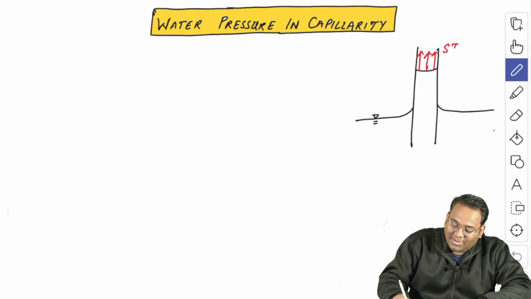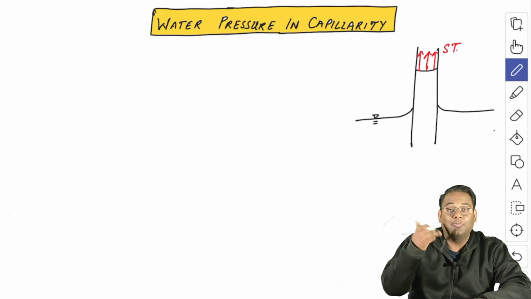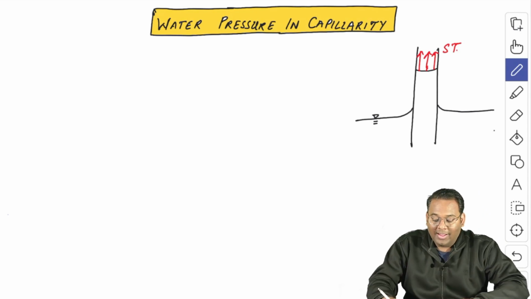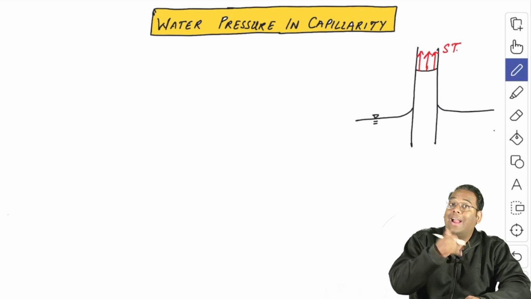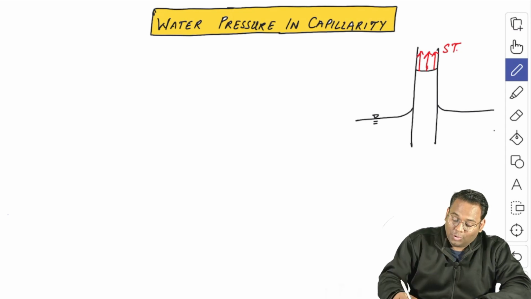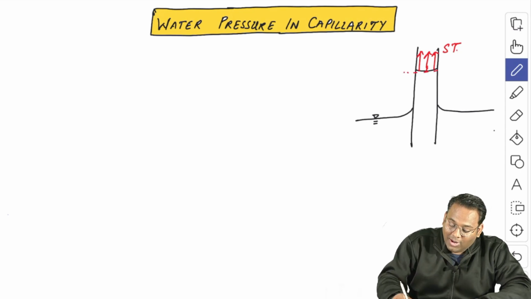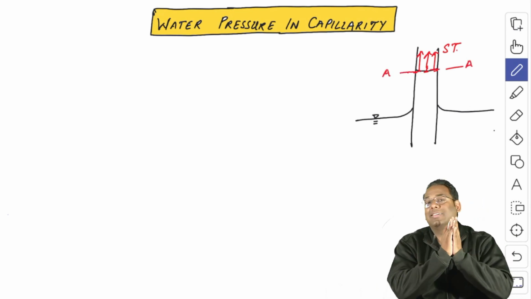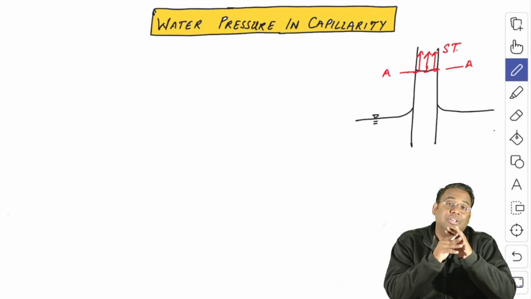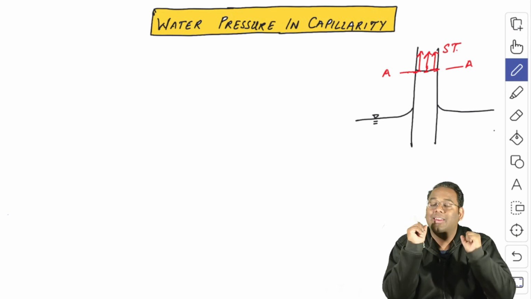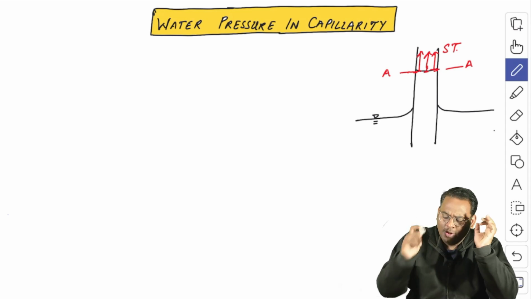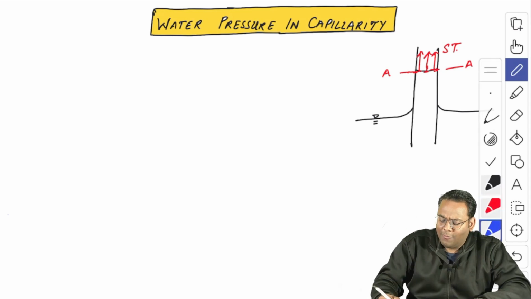So this is the surface tension force in the upward direction, and this surface tension force acts at the free surface. So if I observe this particular layer, let us suppose it is named AA. Then what can I say? That surface tension is acting in the upward direction on the water at layer A. Yes or no?